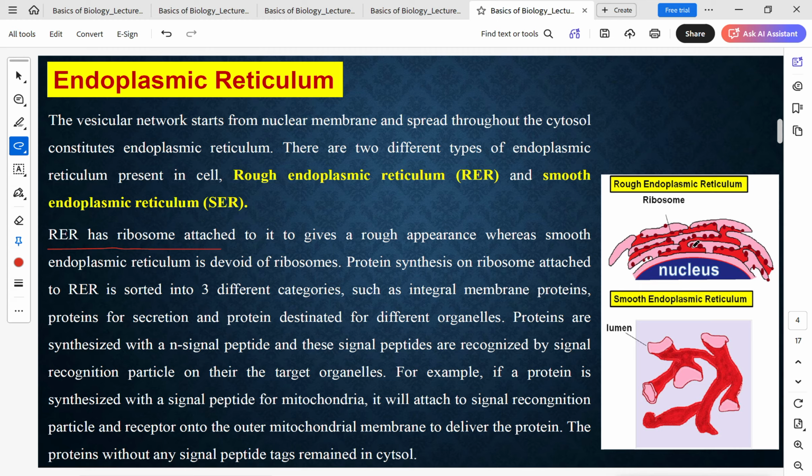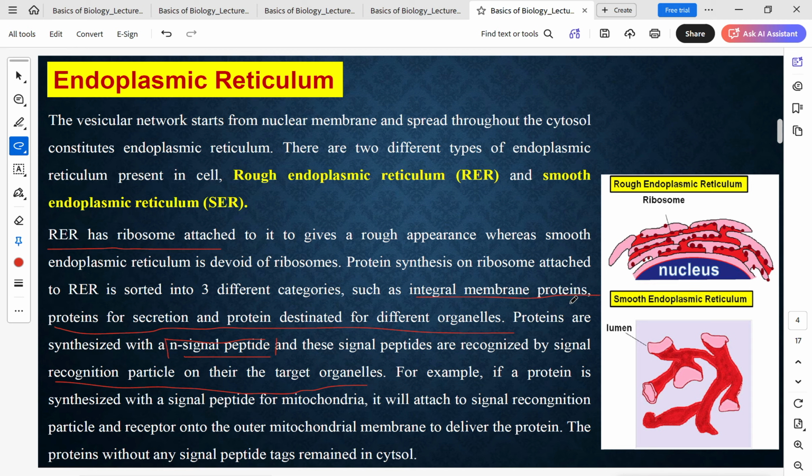The protein synthesis that happens in the RER can be sorted into three categories: integral membrane proteins, proteins for secretion, and proteins destined for different organelles. All of these proteins are synthesized with the N signal peptide. This peptide is specific for specific organelles. The N signal peptides are recognized by the signal recognition particle on the target organelle.